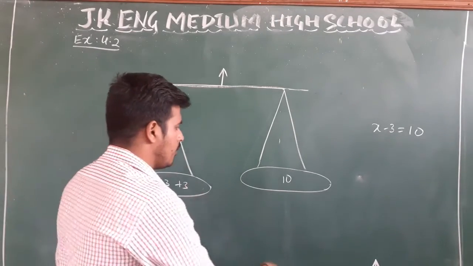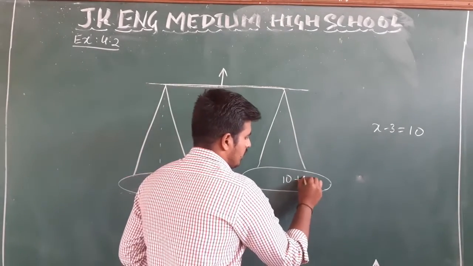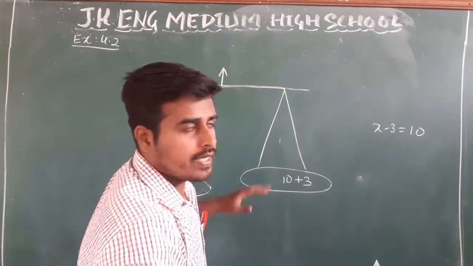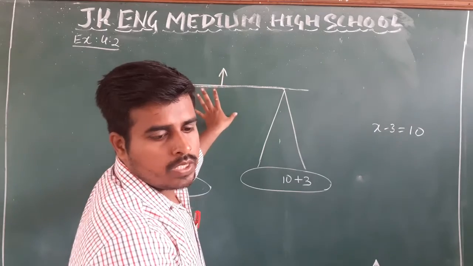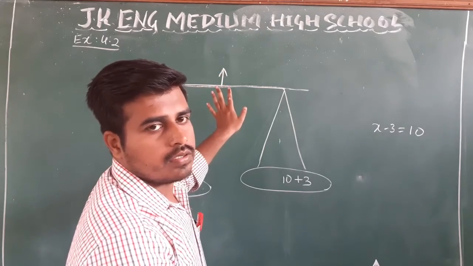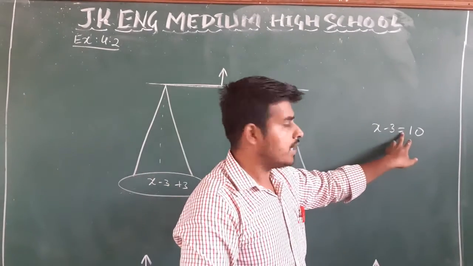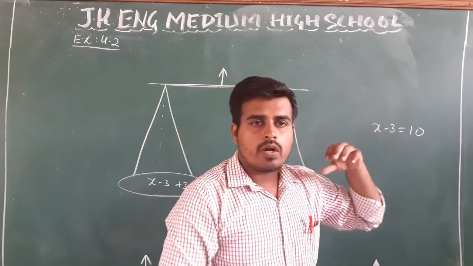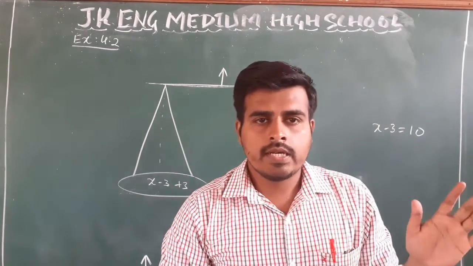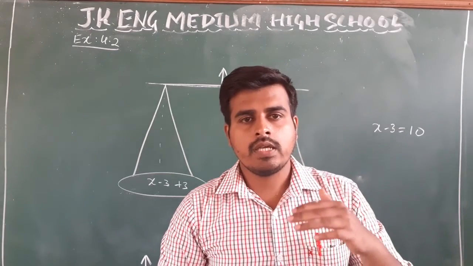The same number I should have on the RHS to maintain the equilibrium. If equilibrium is maintained, then only it is known as an equation. We should not disturb this equilibrium or equality sign. To maintain that, whatever you add on the left side, the same number you have to add on the right side.